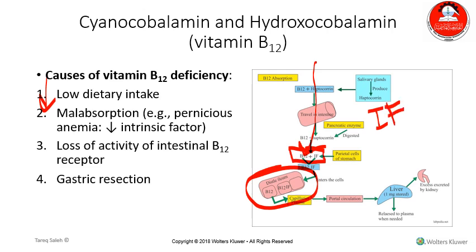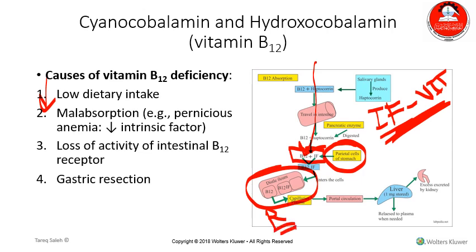The intrinsic factor is released from the parietal cells of the stomach. So it's released in the stomach, it binds to vitamin B12, and then the complex travels through the intestines to be absorbed in the distal ileum through binding to a special vitamin B12 receptor.